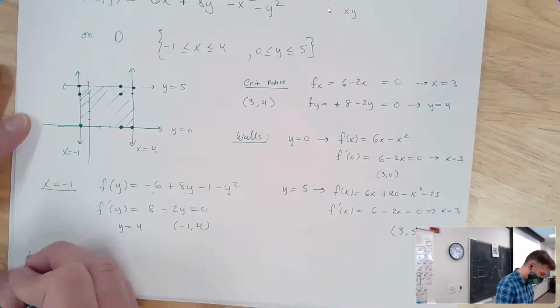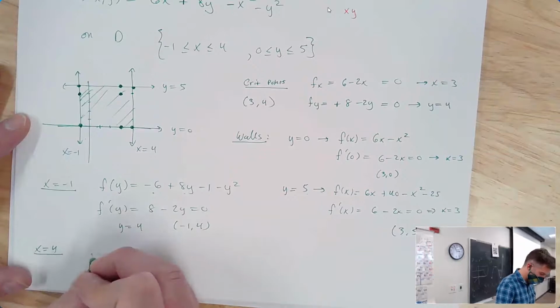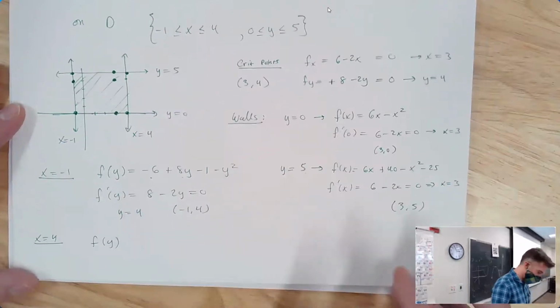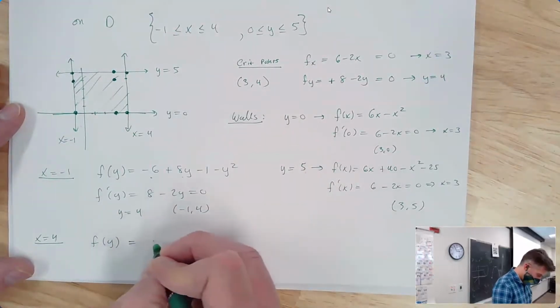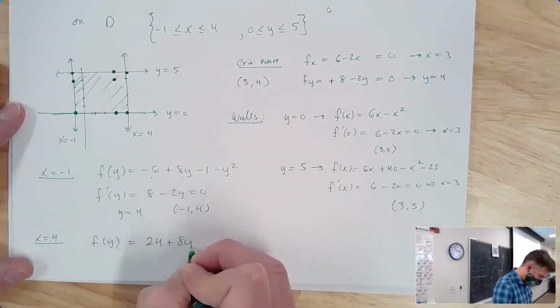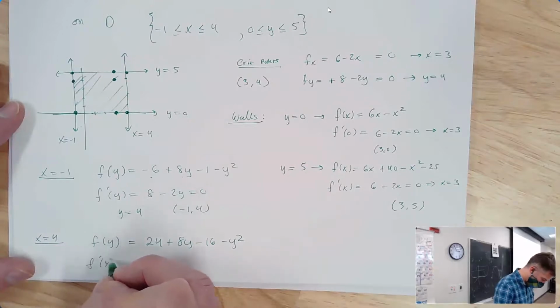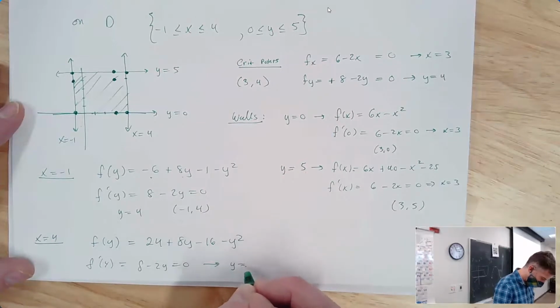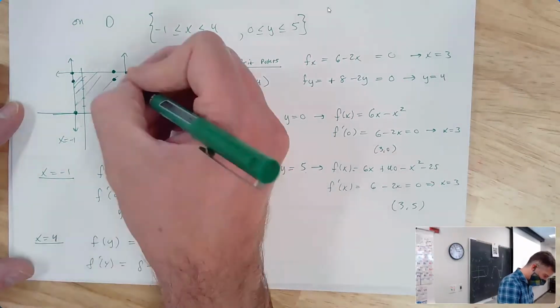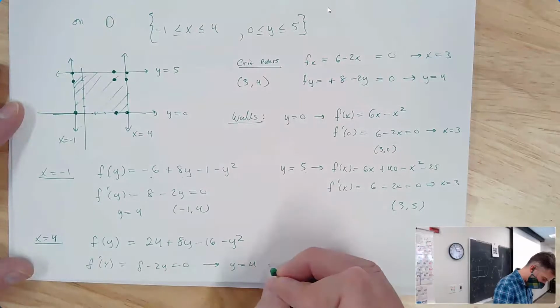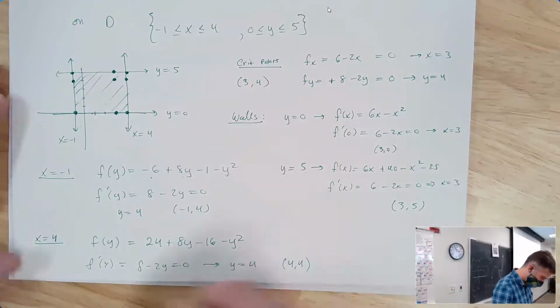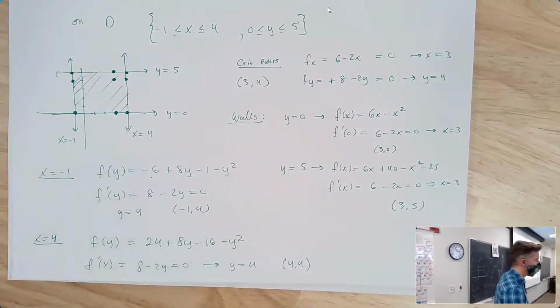And finally, at x equal to 4, the same kind of thing happens. F of y is going to be 24 plus 8y minus 16 minus y squared. The derivative is going to be 8 minus 2y, which means you get y equal to 4. So the point 4, 4. So there are the 9 points we have to plug into this function.